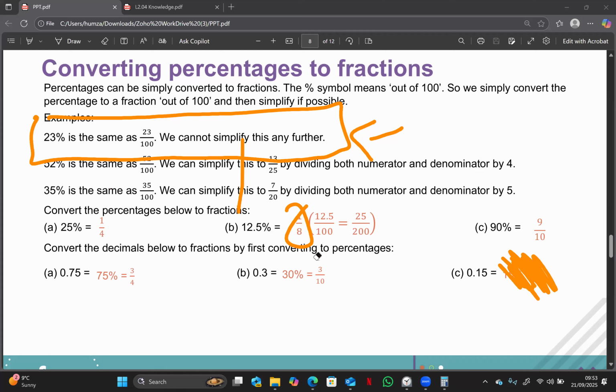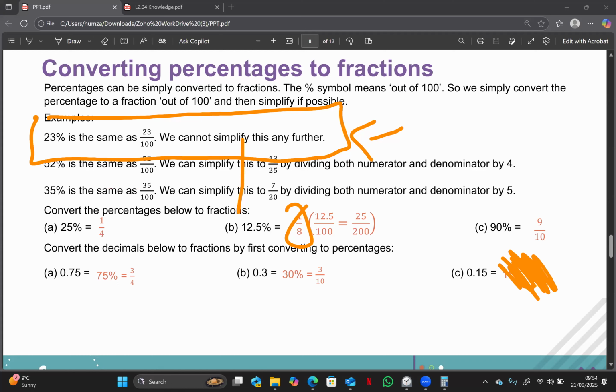We'll wrap it up now, Daniela. We're nearly finished. So if you do the last one, try that again. 0.15. How do we convert that into a percentage first?